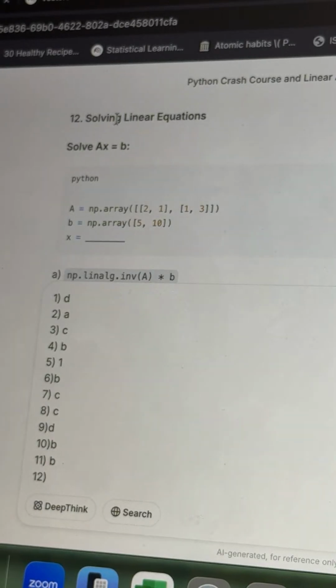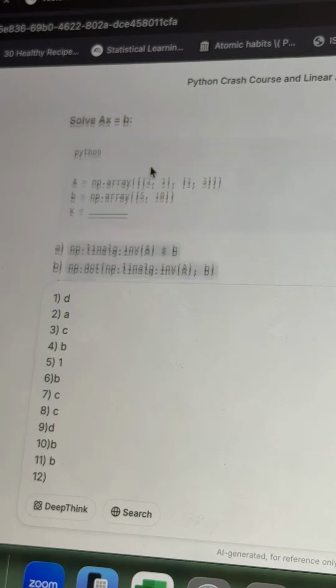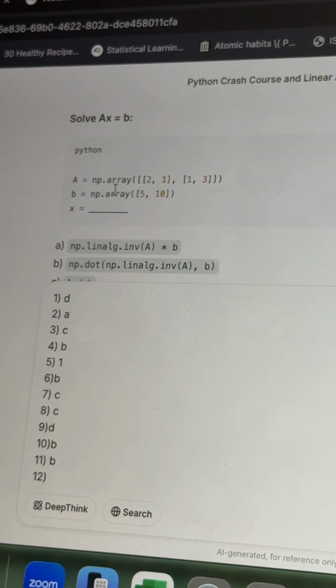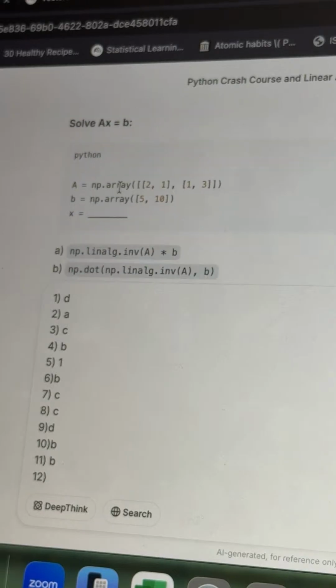All right, next, solving linear equations. Solve ax equals b. Now, to solve a linear equation, what would x be here? If ax equals b, that means a would have to be an inverse to put x on one side and b on the other side.